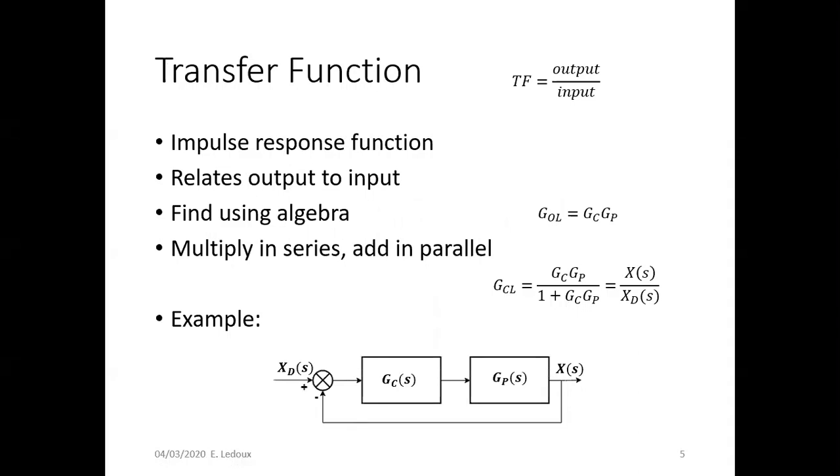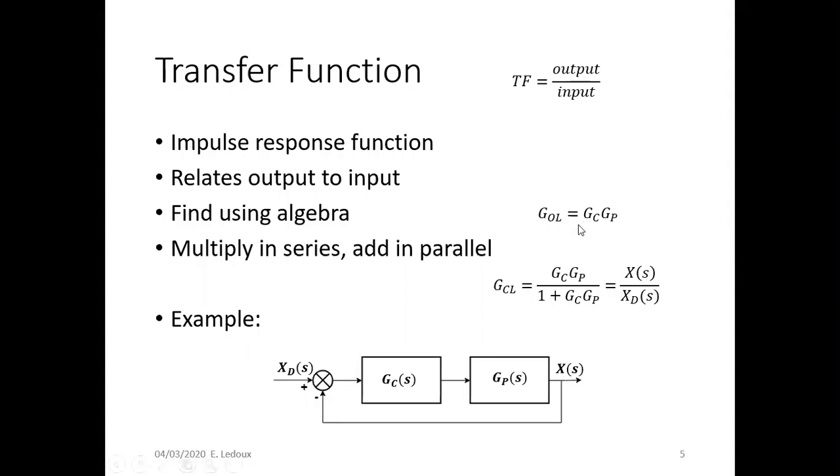Now the transfer function relates the output to the input. It is the impulse response function because it shows how the system behaves for a given input. So you find it using algebra. The specifics on how I got these two things are in the notes.